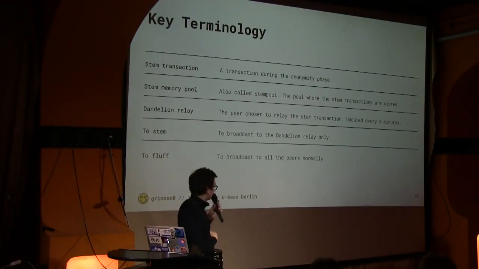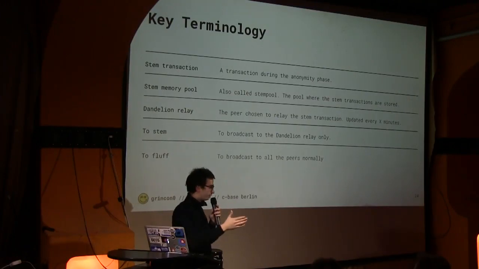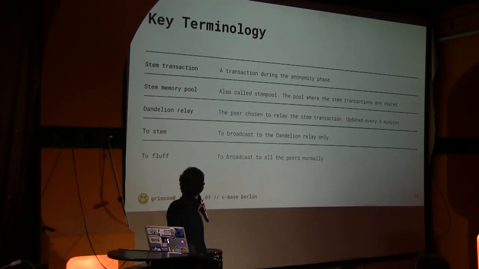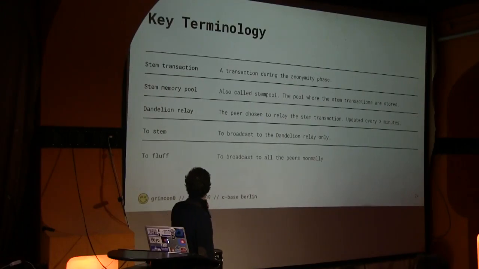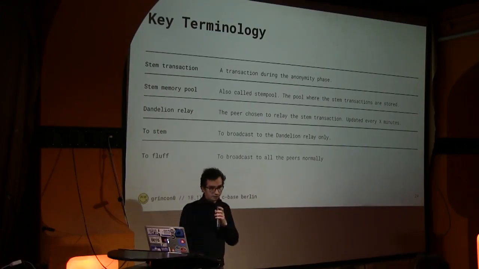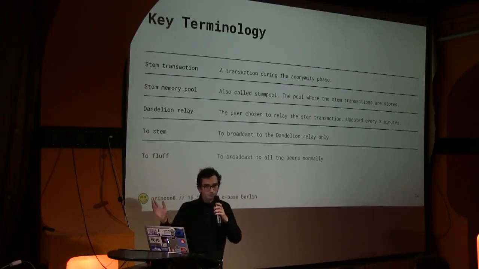And there is something called the Dandelion relay. It's the peer you choose to send the transaction to as stem. You will see why you need to update this peer every X minutes. And we use 2 really short verbs to make it easier to speak. To stem is to broadcast to the Dandelion relay only, and to fluff is to broadcast to all the peers normally.